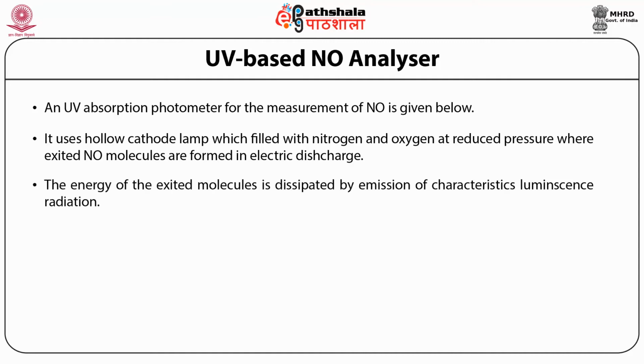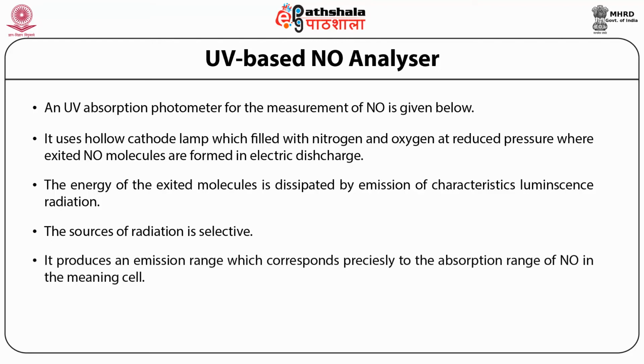The energy of the excited molecules is dissipated by emission of characteristic luminescence radiation. The source of radiation is selective and it produces an emission range which corresponds precisely to the absorption range of nitric oxide in the measuring cell. This is called resonance absorption.